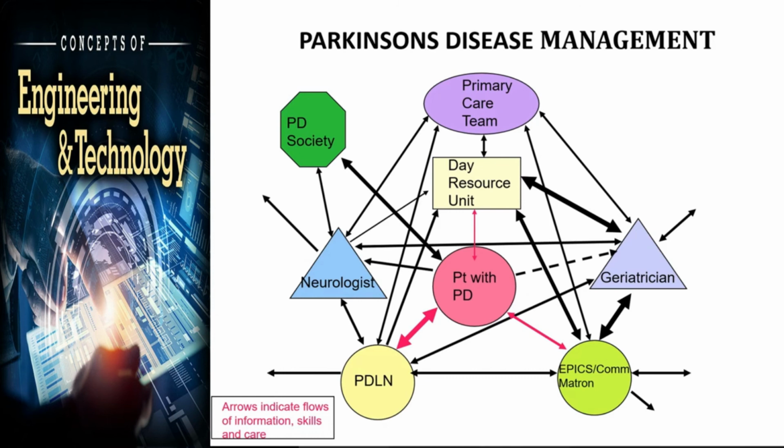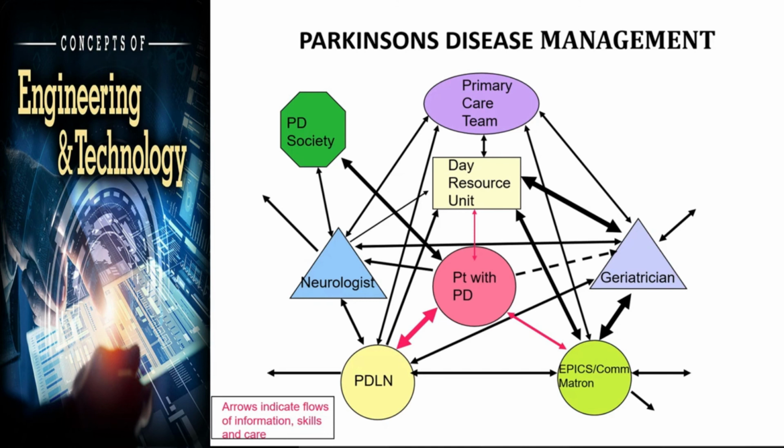If any patient data is required, or the patient requires some attention, the team will respond immediately and share the information. The neurologist will be communicating to the resource units.